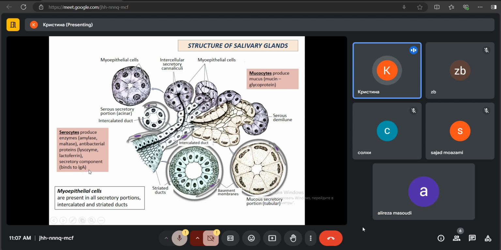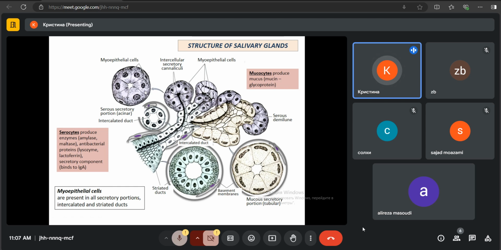which binds to immunoglobulin A and helps to transduct, to transport this immunoglobulin produced by plasma cells outside of secretory portions in the surrounding loose connective tissue. So these plasma cells would produce immunoglobulin A. It then comes into the serocyte. The serocyte produces secretory component which binds to immunoglobulin A and protects this immunoglobulin from intracellular proteinases, the enzymes that would break this immunoglobulin.